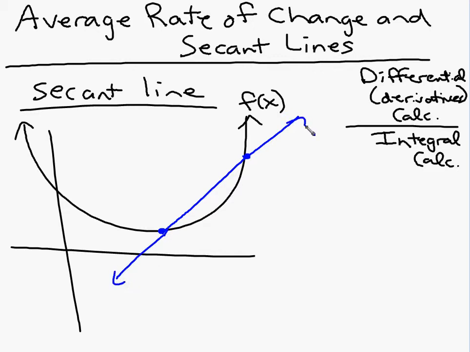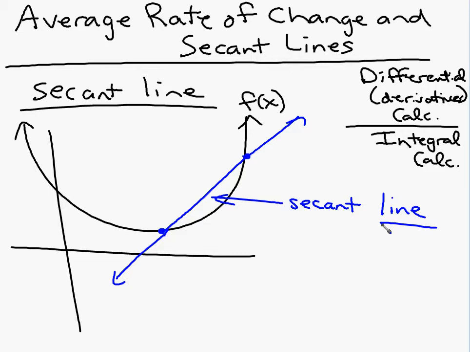This is what we call a secant line. Don't confuse that with our trig function, secant. All right, drawn through 2 points on a curve. And we're going to use that as we start talking some more.